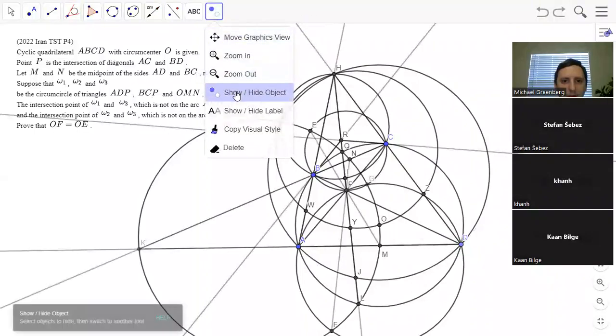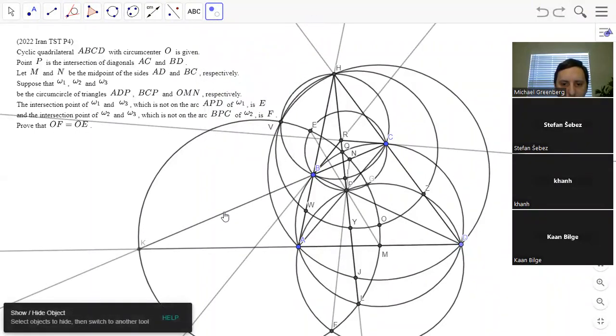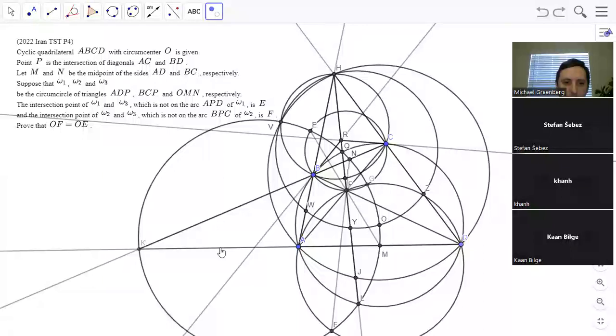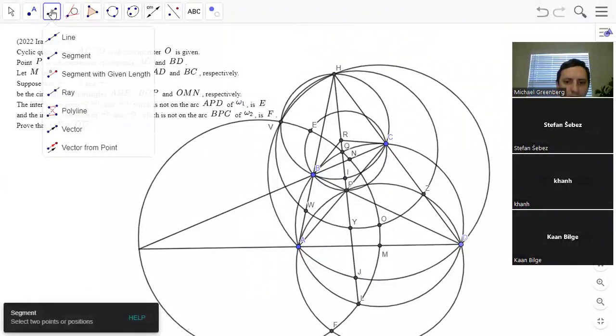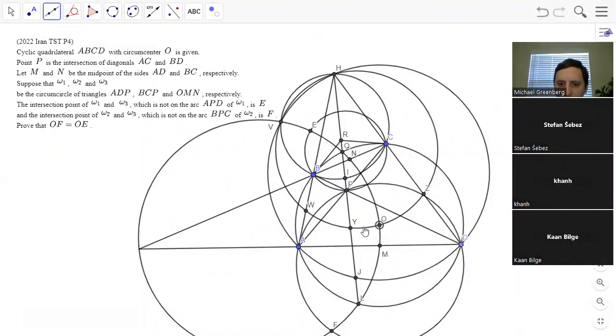Okay. I wonder if Y, O, and K are collinear. No, I don't think they are. I was going to say if that were true, it would probably make an easy solution. Okay, so N goes to R under the inversion. Oh, they are. Interesting. But yeah, let's keep doing this.